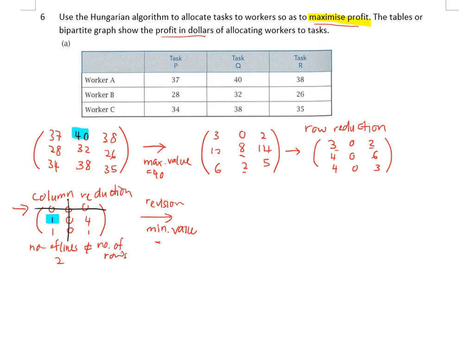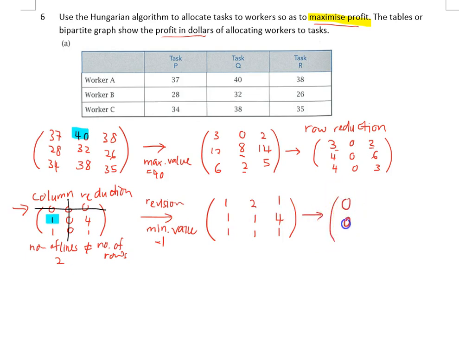First we add 1 to all the numbers covered by the lines. Those not covered by the line remain. This 0 is covered by the line 2 times, so you add 1 two times, so 2. This one is added 1 time, so 1, 4, 1. After you add the value 1, you're going to minus 1.